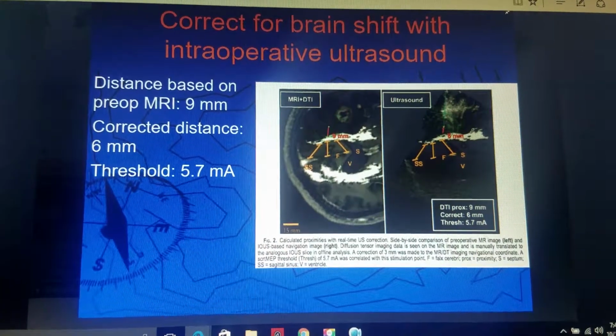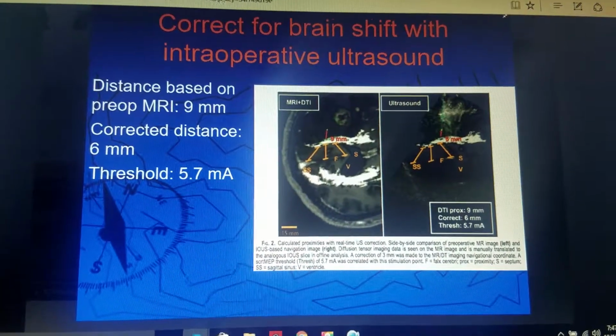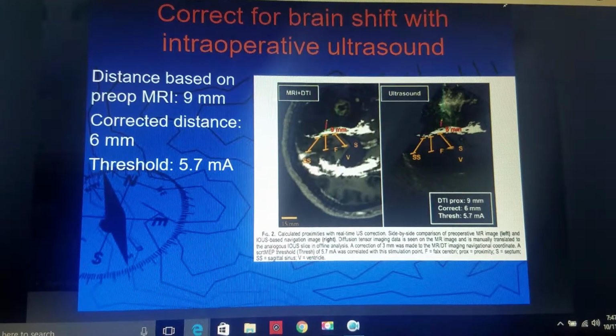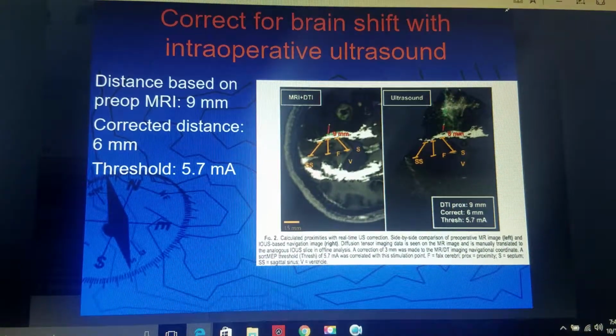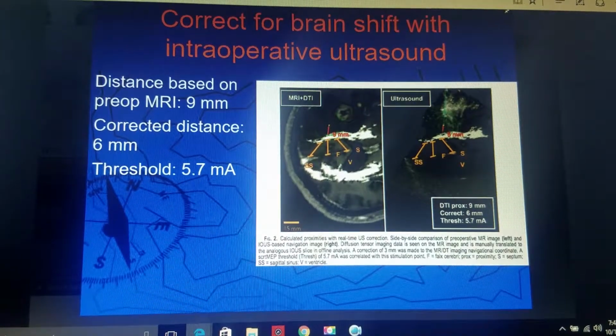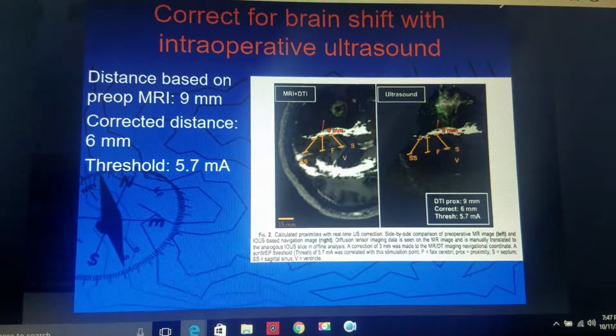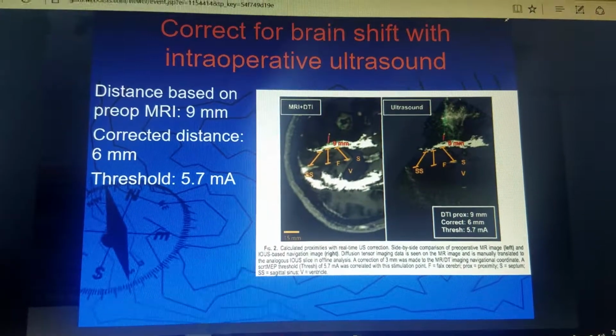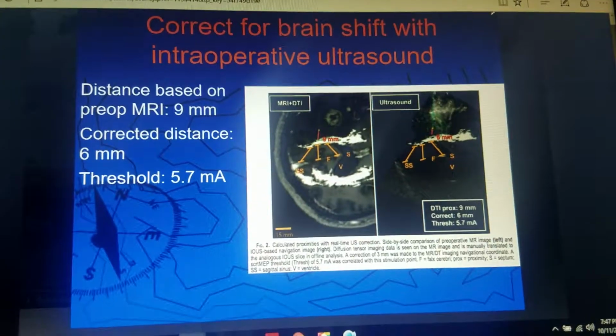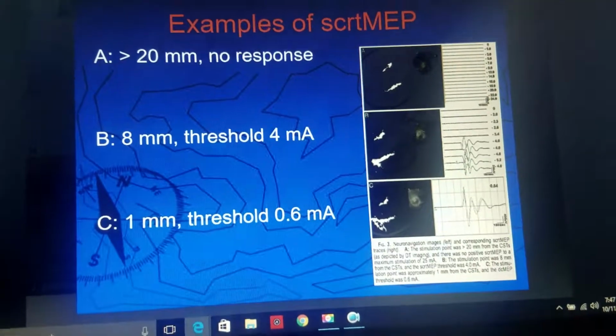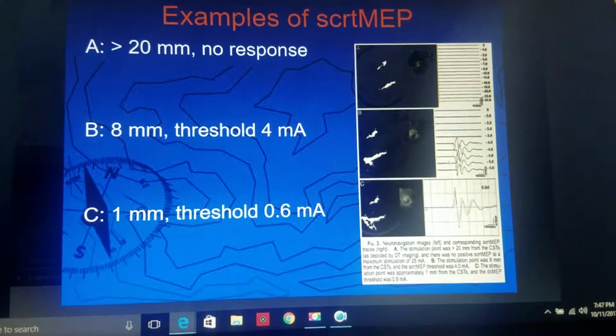Intraoperative ultrasound shows it was only 6 millimeters. They use this intraoperative ultrasound to correct for the movement of the corticospinal tract with resection of the tumor, and so they correct the 9 millimeter distance to 6 millimeters and get a threshold of 5.7 milliamps. Ooh, again, pretty close to 1 millimeter per milliamp.